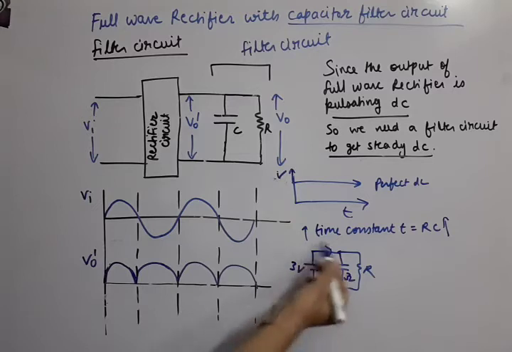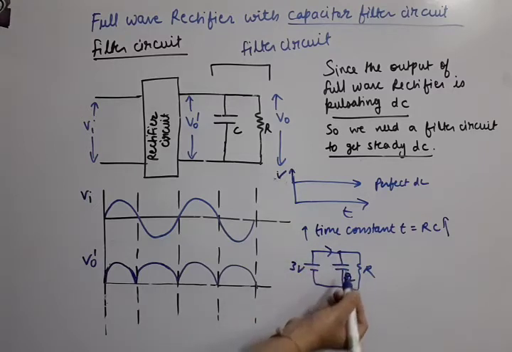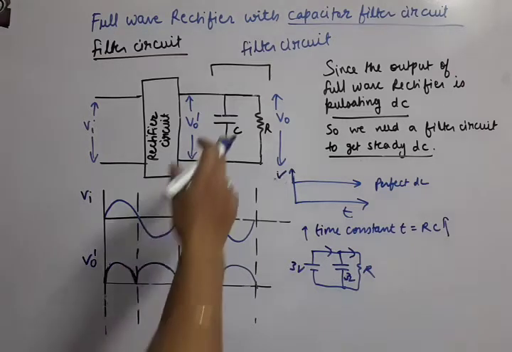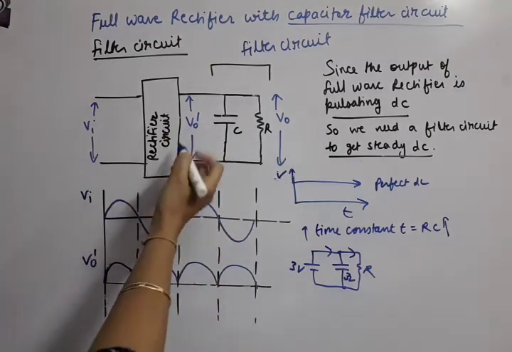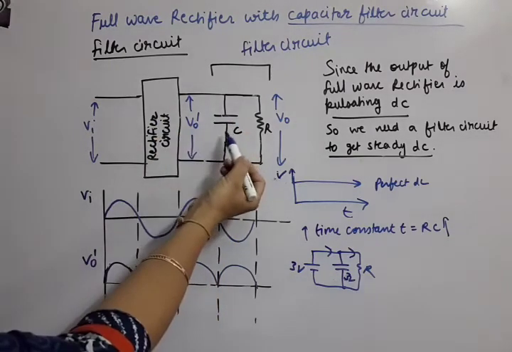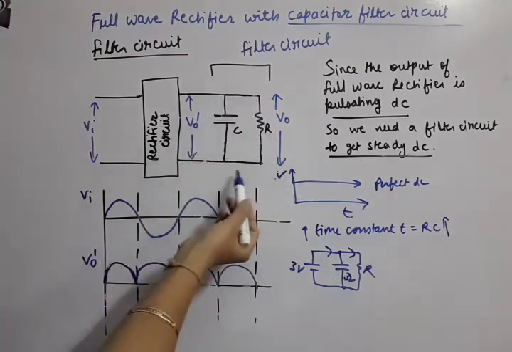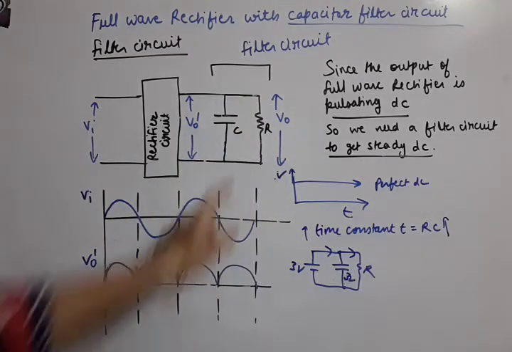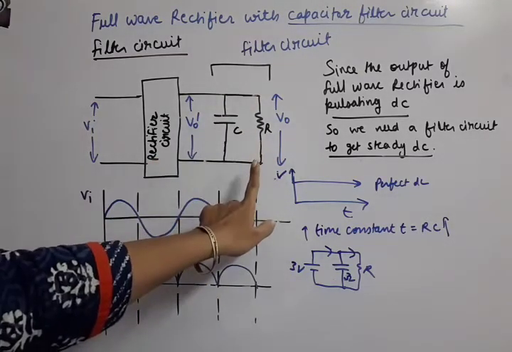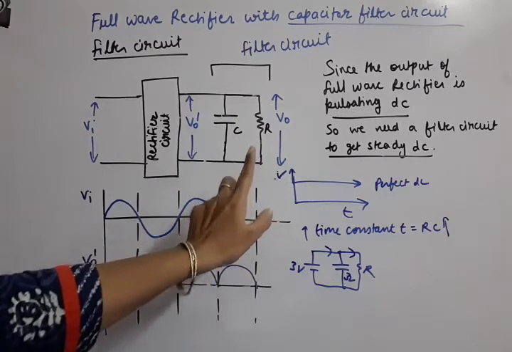From this path it was getting charged, and once it is fully charged, it starts discharging through another path. So two roles are done by the capacitor: charging and discharging. The capacitor gets charged from this branch and gets discharged through this branch. The discharging rate of the capacitor we can control. That is the only important point to understand here.